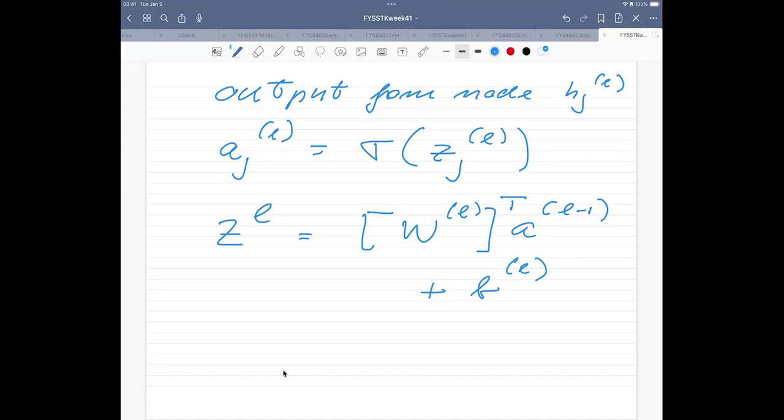So what we are going to do now is to set up an algorithm for finding these parameters. So let me also remind you that this A of L minus 1, this is the output from the previous layer. So that has Z of I of L minus 1.